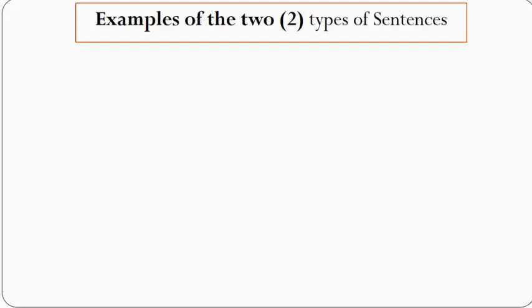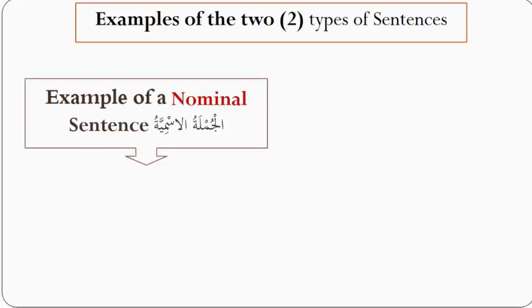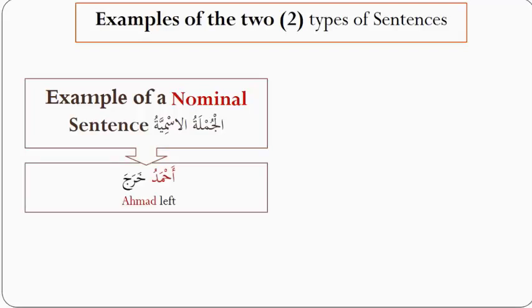Examples of the two types of sentences: we gave some that you didn't see, but inshallah we want to give you one that you can see. An example of al-jumlatul ismiyya, or a nominal sentence, is Ahmadu kharaja.